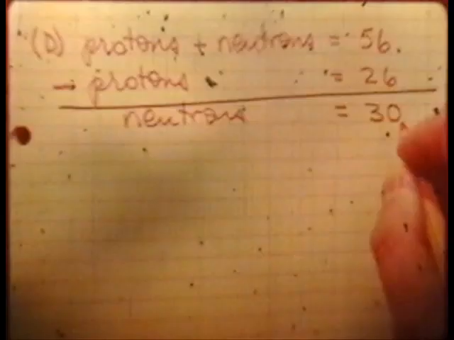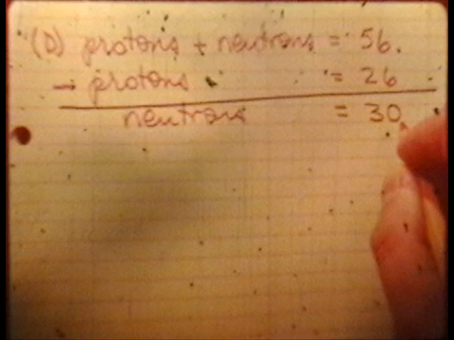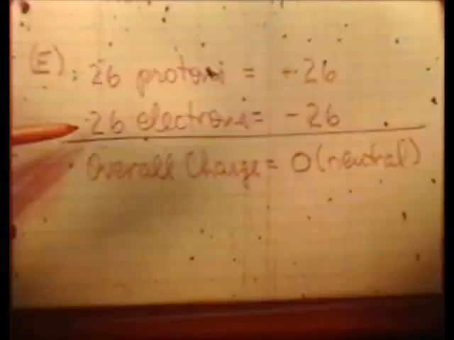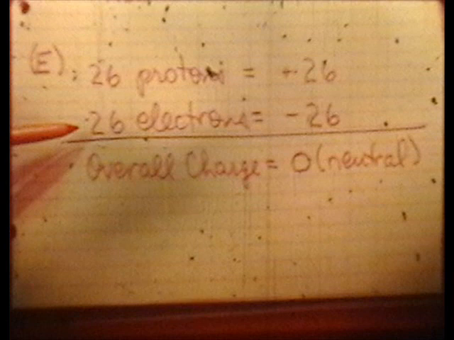In answer to D, the number of protons and neutrons are 56, the mass number. Since there are 26 protons, the difference between these, or 30, is the number of neutrons. Finally, since the atom is neutral, the number of electrons is the same as the number of protons, so there are also 26 electrons.